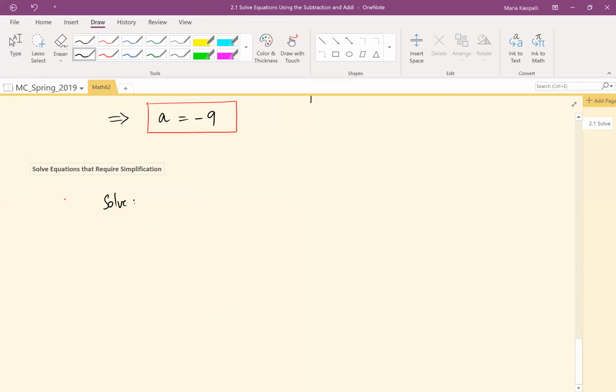Solve 9x minus 5 minus 8x minus 6 equals 7. So it's got a string of terms, and we also see that we don't have a single x. We have x that occurs in two places here. Okay. This means we have to fall back on some simplification process before we could actually begin to solve.